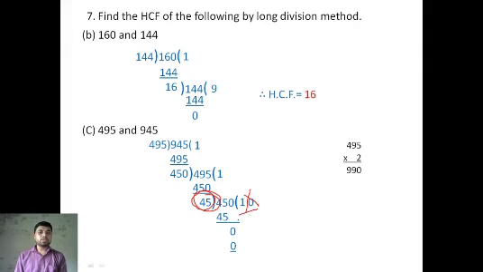The HCF will be the last divisor. Look here, 450, 495, not the last divisor. Here what is the last divisor? 16 is the last divisor. Is it clear my students? So write the HCF 45. Please learn the method. Practice this. Thank you.